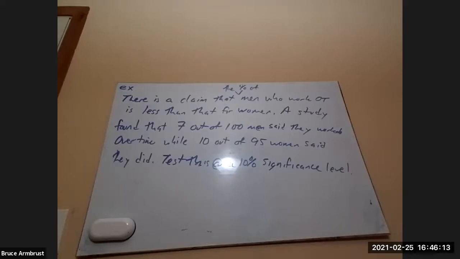So let's go STAT, come over here to TEST. Again, we're going to do a 2-PropZTest, that's 6. All right, so we'll make the first one be the men, which is 7 out of 100. And for the women, it was 10 out of 95.